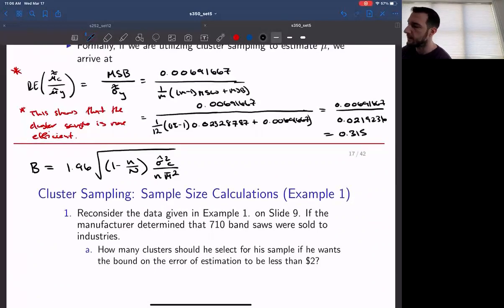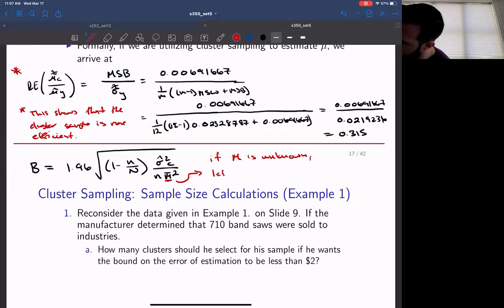Now in this case, if m is unknown, let little m bar, or rather use little m bar, equal the sum from i equals 1 to n of the mi divided by n.